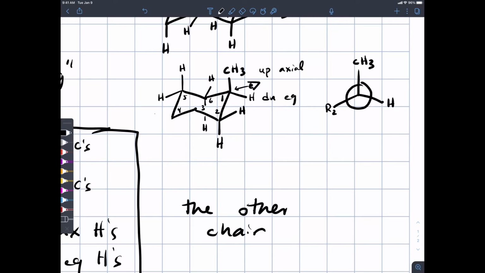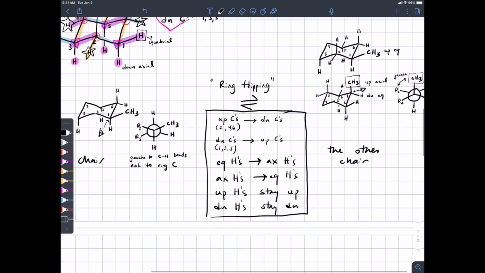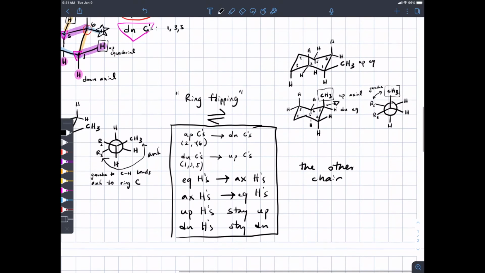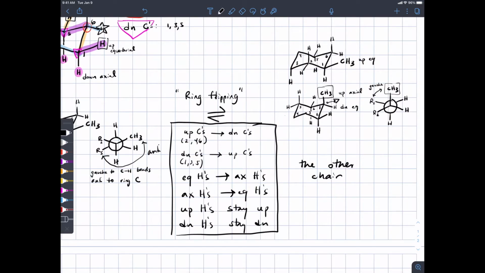In the back, we would see a down axial proton and an up equatorial proton with carbon 5 here. Notice now that with the methyl group in an axial position, the methyl group is no longer anti to the ring, it is gauche to the ring. Used to be anti, now is gauche.